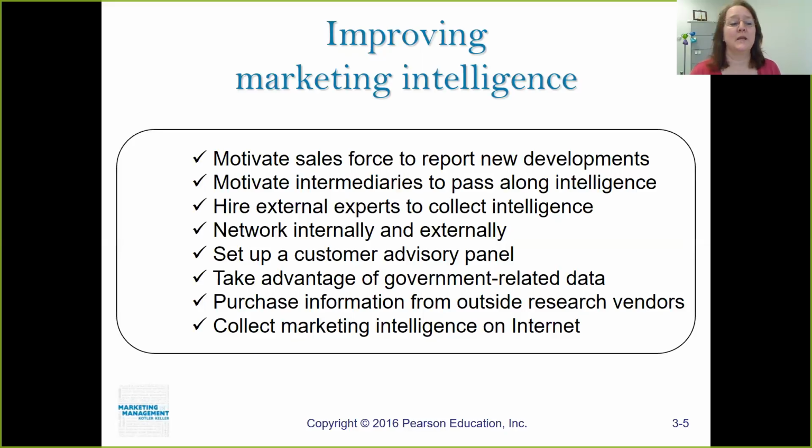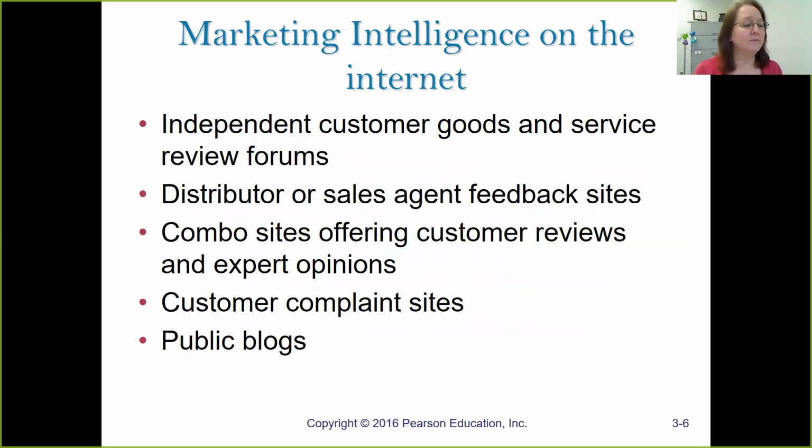So just making sure that everything you do is above ground and is ethical and is public. When you're collecting marketing intelligence, it's almost as if you're collecting public data. Even though when you're talking to your own people, it's private to you.